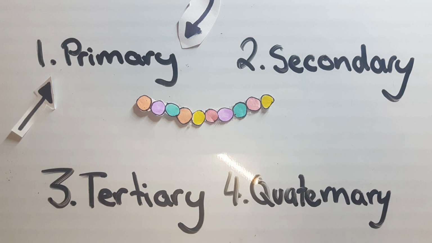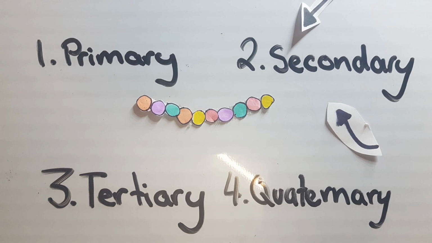The primary structure is the basic amino acid chain that is folded into a protein. Number 2. The secondary structure. The secondary structure is a three-dimensional arrangement of the polypeptide chain as a result of the amino acid chain becoming linked by hydrogen bonds, either twisting the polypeptide into a spiral or folding into a pleated sheet.